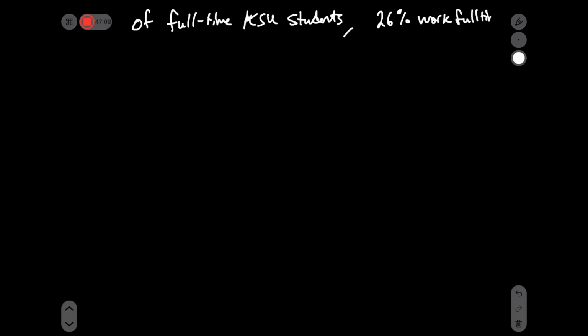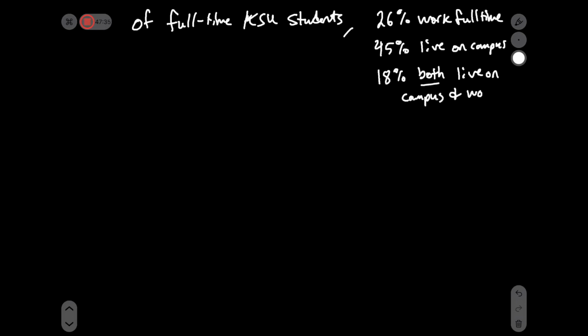And of all full-time KSU students surveyed, 45% live on campus, and 18% both live on campus and work full-time. Okay? So they have a full-time job that they work and they live on campus.